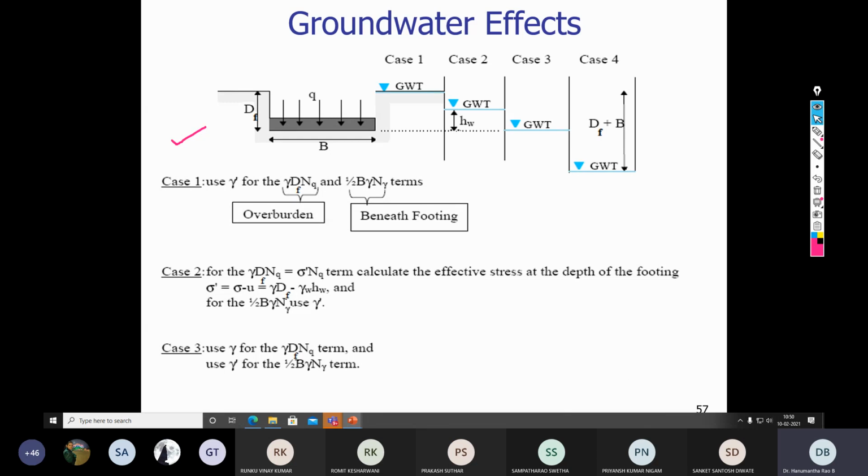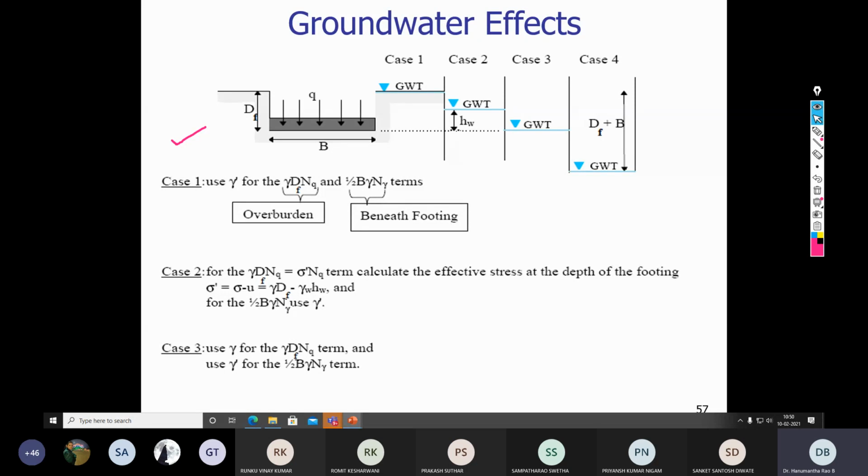If you refer to some of the books, not in this manner, but they have taken into account the groundwater table in a different way. But this I found is the easiest way of understanding the effect of groundwater. So you can follow either this concept or the other concept which you found in other books. Both are equally valid, so don't get confused.